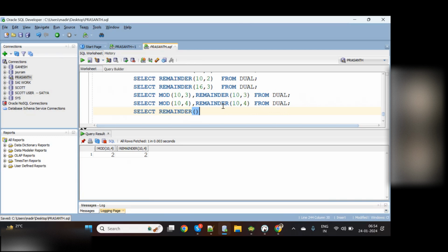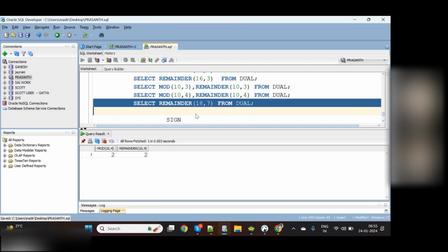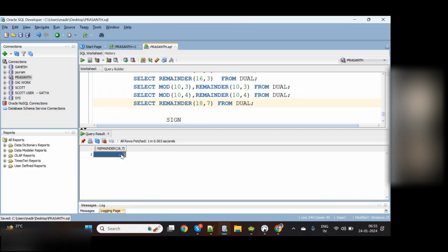The intention of mod and remainder is the same, but in some cases remainder gives a negative value. So to avoid those cases, we generally use mod in real time. Here we got -3.